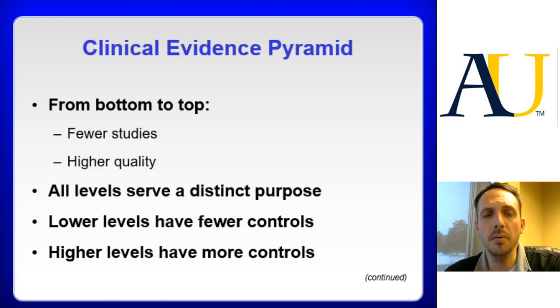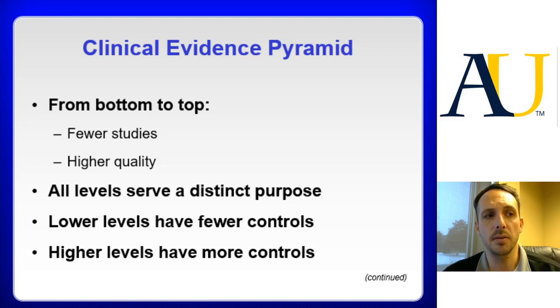And so although we will get into much more depth in how you do this, it's important to first understand that there are going to be different levels, and each of those different levels are going to describe the methodology for their research slightly differently. And so there's a reason for each one of these.